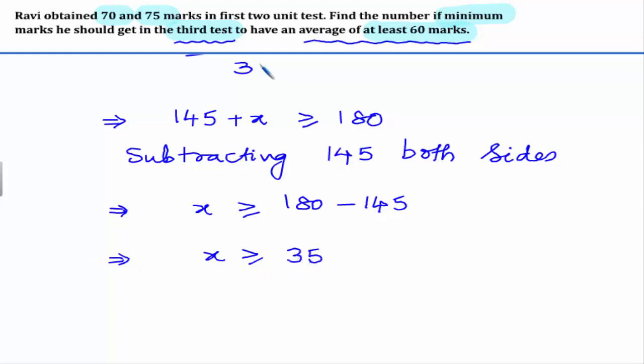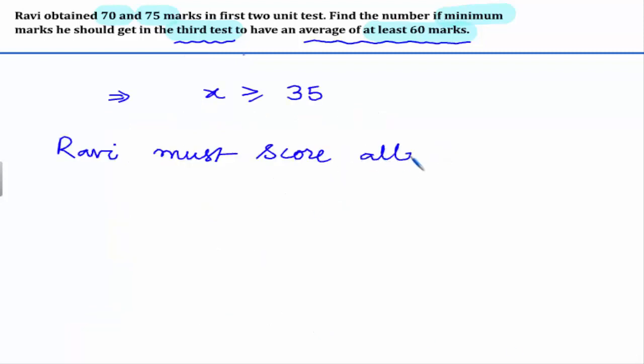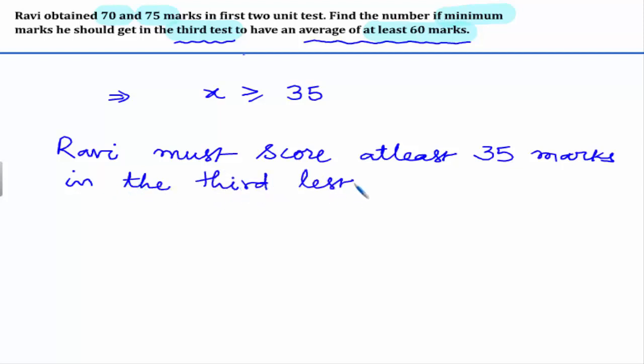So that means Ravi must score at least 35 marks in the third test so that the average will be at least 60 marks.